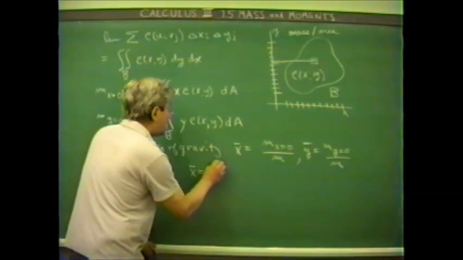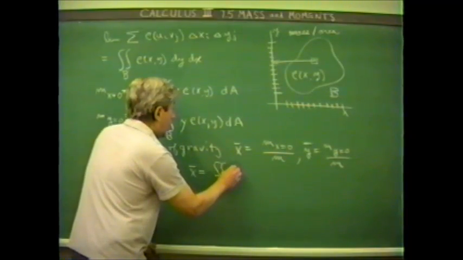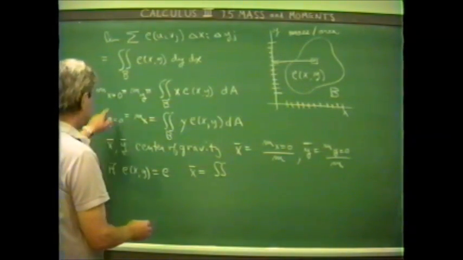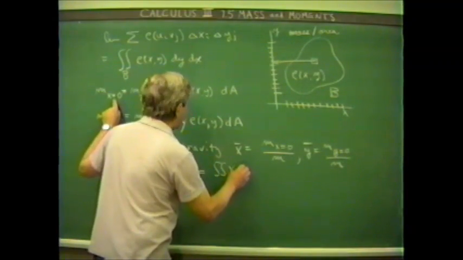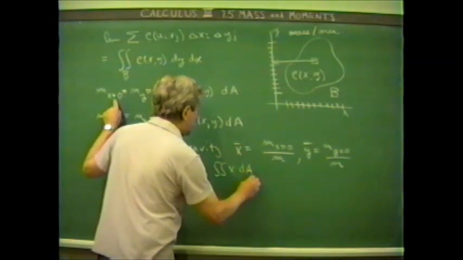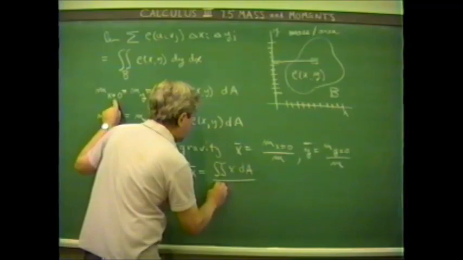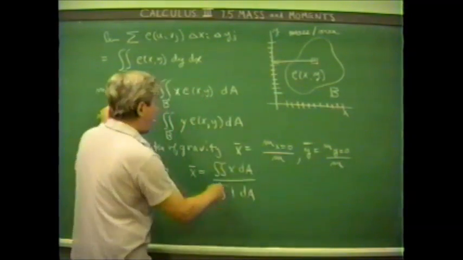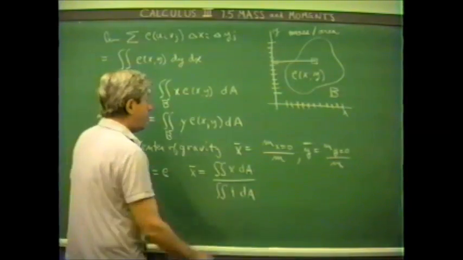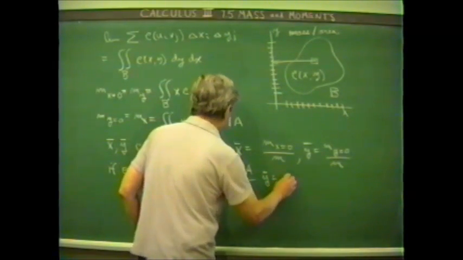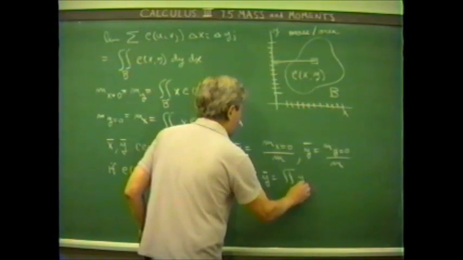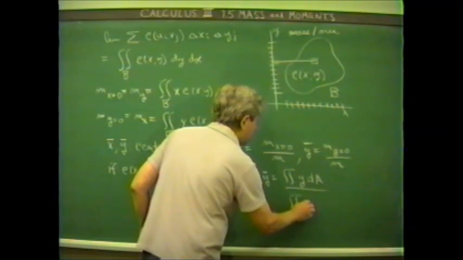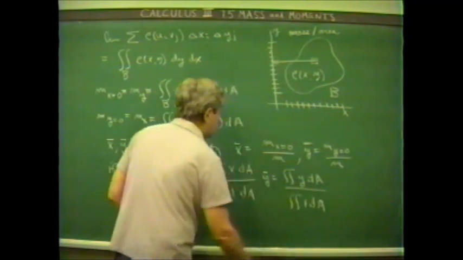X bar is equal to the double integral of x with respect to area divided by the double integral of 1 with respect to area, and y bar is equal to the double integral of y with respect to area divided by the double integral of 1 with respect to area.